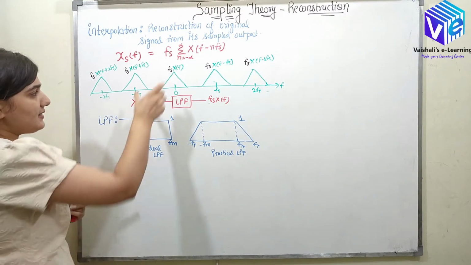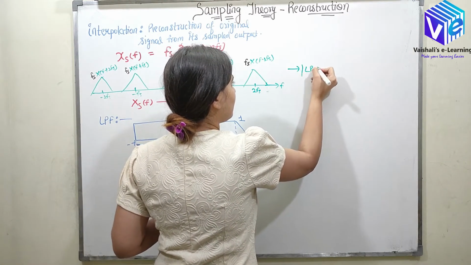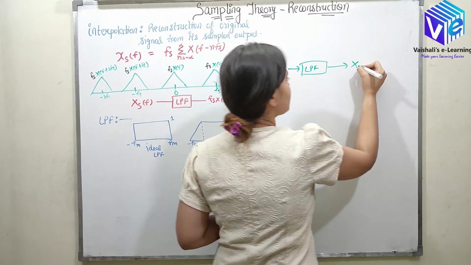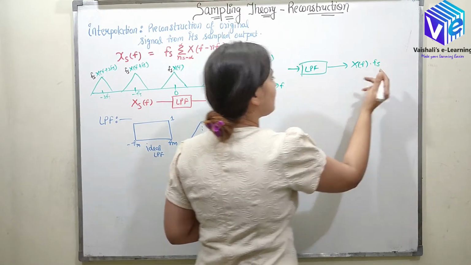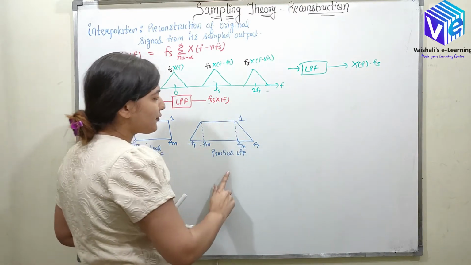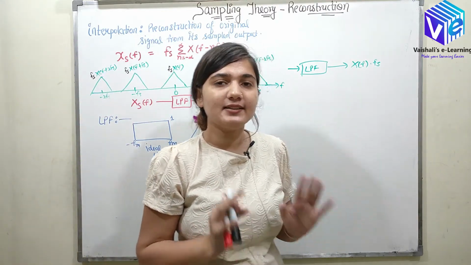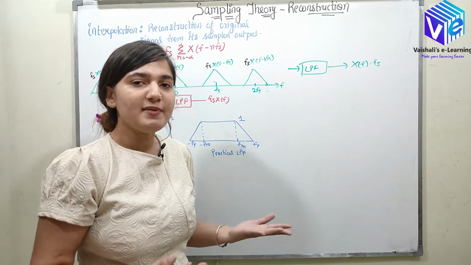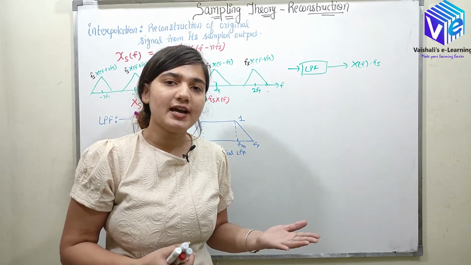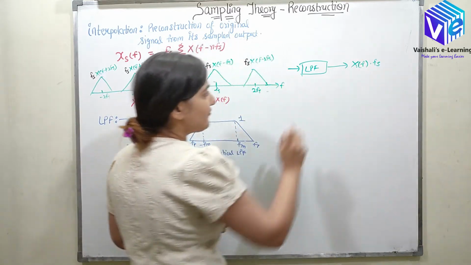Now if I pass this signal through the low pass filter, what output will I get? I'll get just X(f) into Fs. If I take the gain to be 1, the output would remain Fs times X(f). But I want the output to be X(f) only, which represents the Fourier transform of my message signal. Whenever I have X(f), I can take its inverse Fourier transform and get back x(t). So I have to remove this factor Fs.